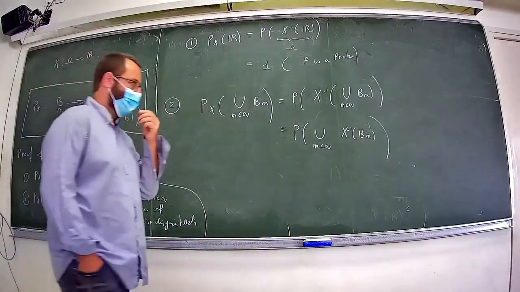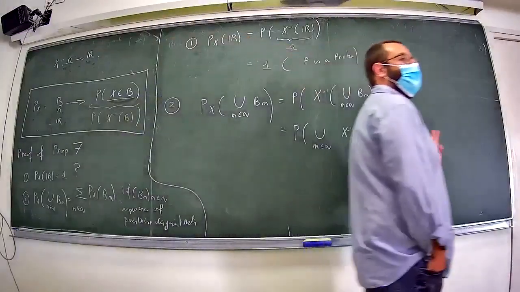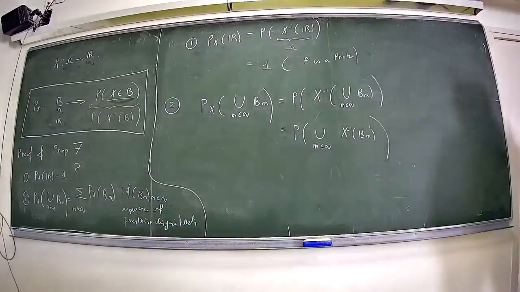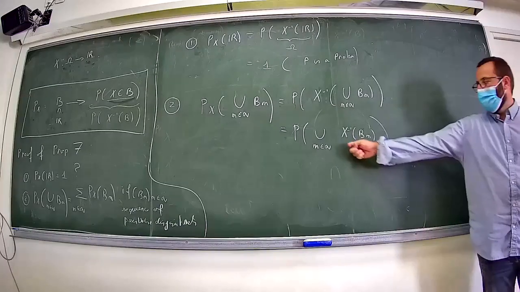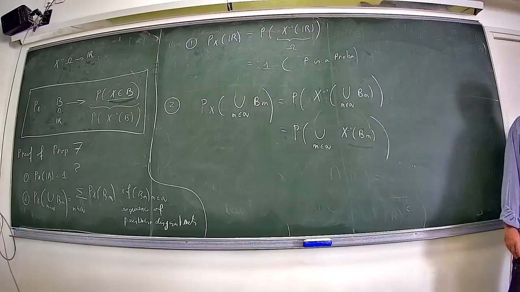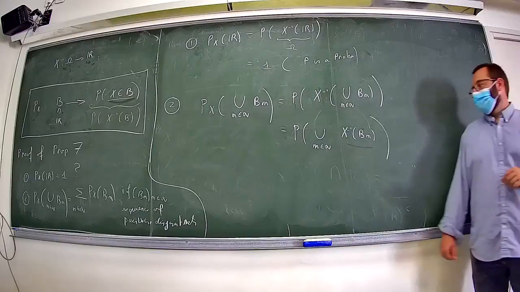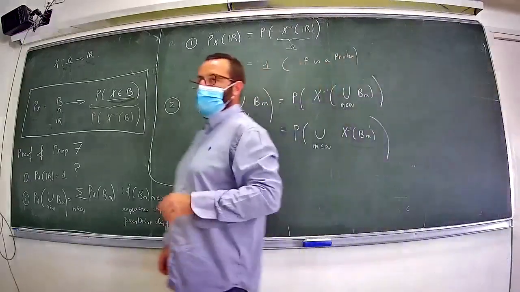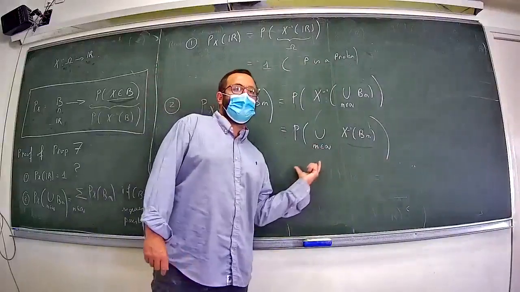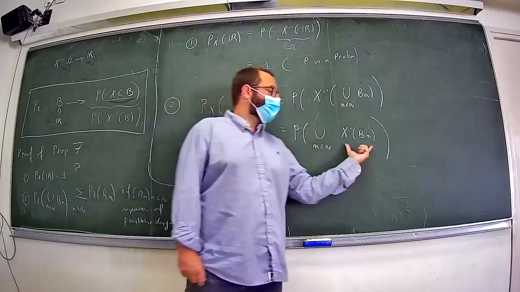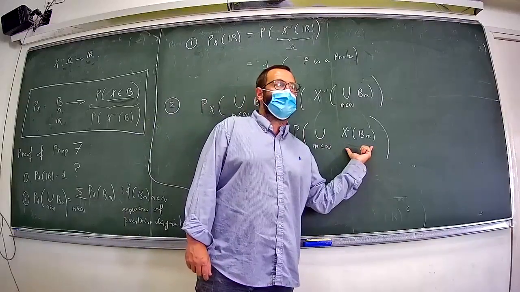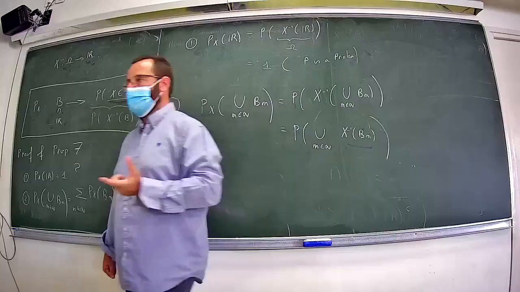How to conclude? Do you have an idea? I know that P is a probability. So for any sequence of pairwise disjoint sets, the probability of the union is equal to the sum of the probabilities. If I want to use this one, I have just to be sure that this one is a sequence of pairwise disjoint sets. Okay? If I want to write that the probability of the union is equal to the sum of the probabilities here, since P is a probability, I have to check that x minus 1 of Bn is a sequence of pairwise disjoint sets or not.